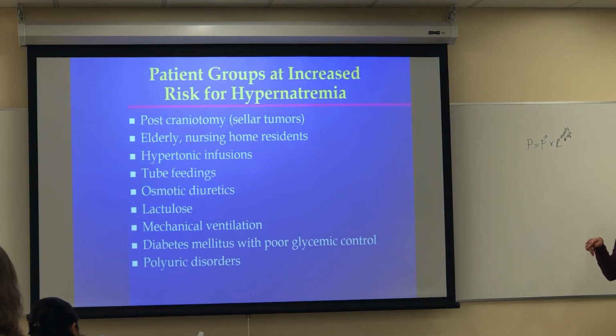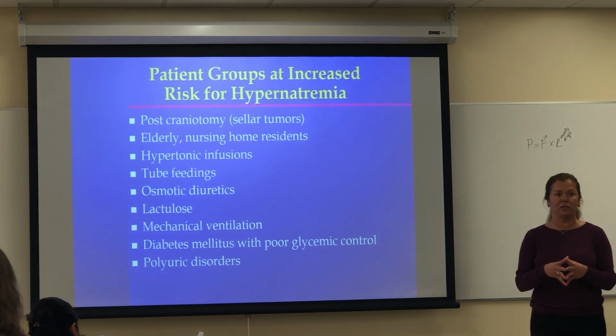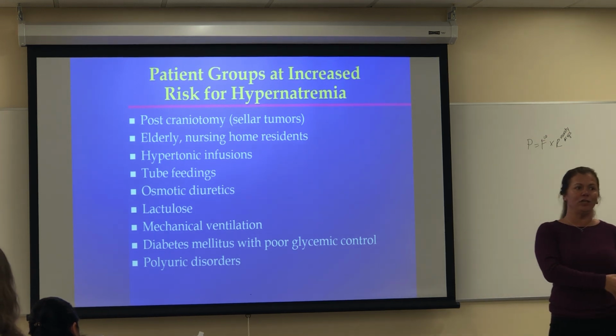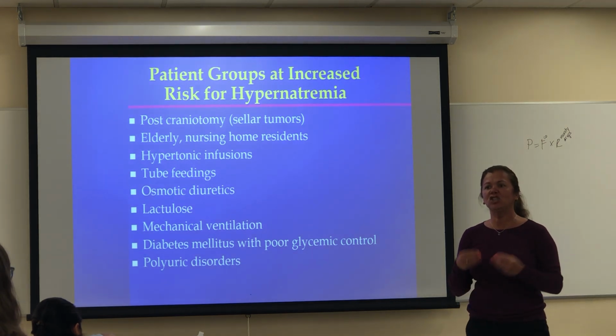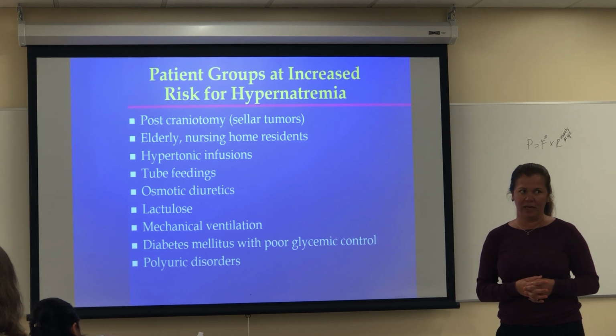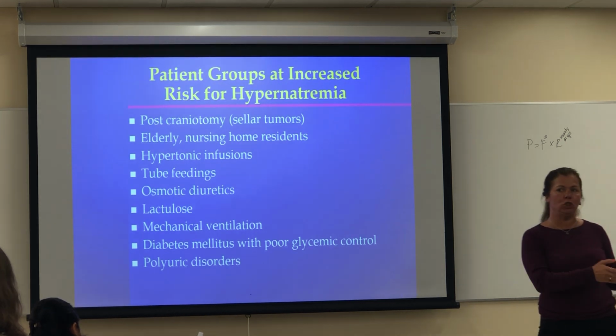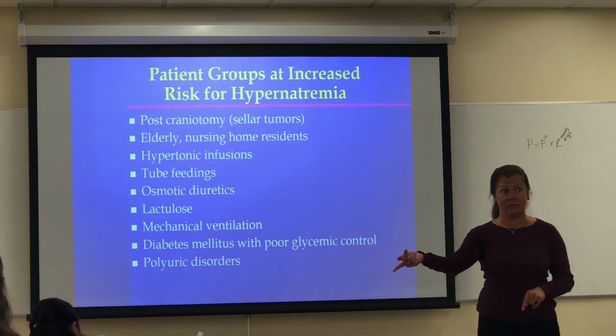And if we keep talking, remember that the same brain causes of SIADH can be the causes of diabetes insipidus as well. It's just a cause, but the clinical state is different, okay? You can have traumatic brain injury, brain tumor, encephalitis, meningitis, Guillain-Barré, multiple sclerosis and have SIADH or diabetes insipidus, okay?